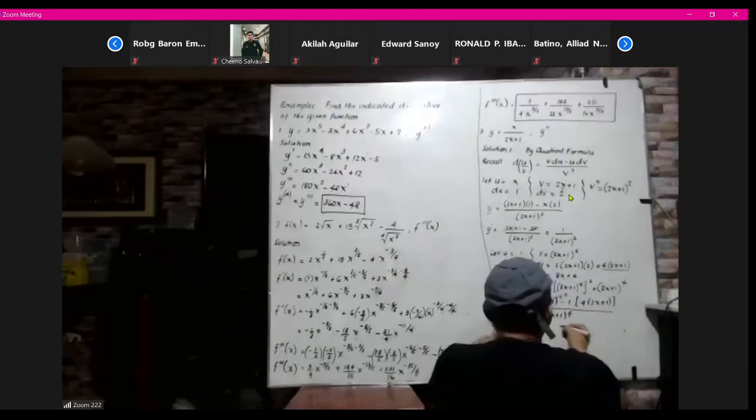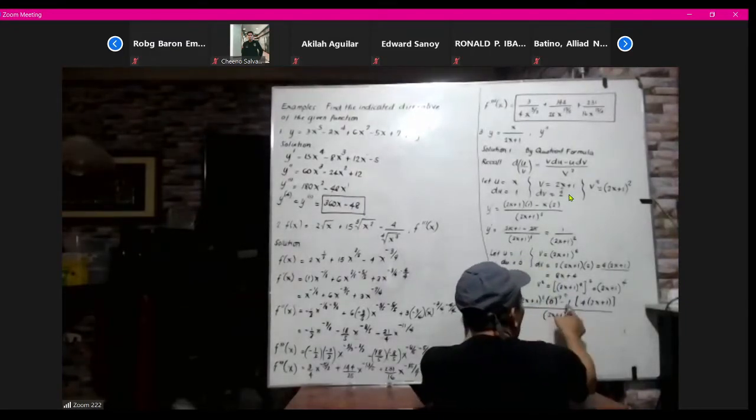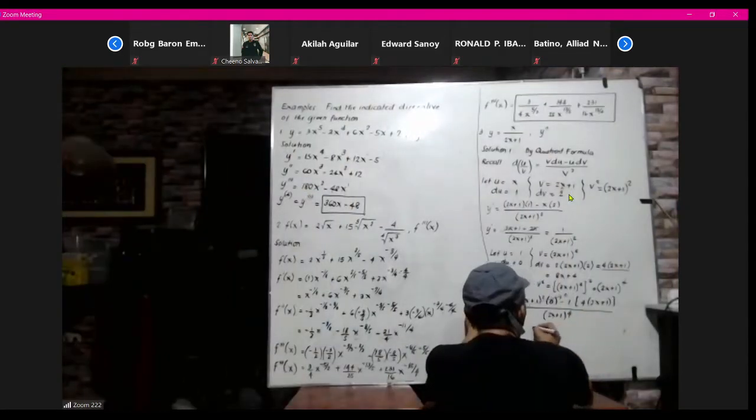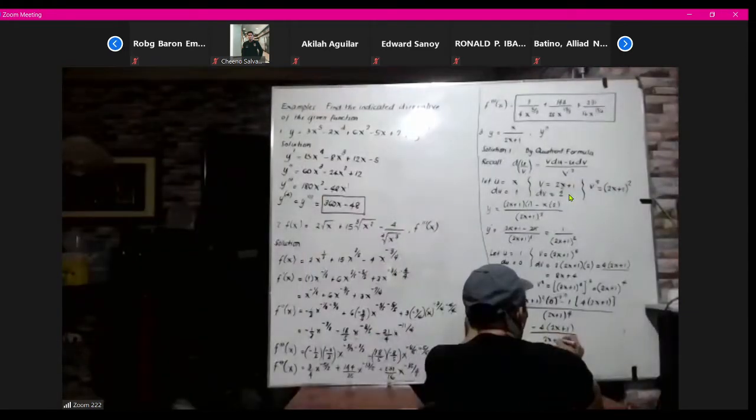Then minus, so lalabas dito, second derivative of y equals negative 1 times 4 times 2x plus 1 divided by 2x plus 1 raised to 4. So ito ay makakancel, makakancel yan.